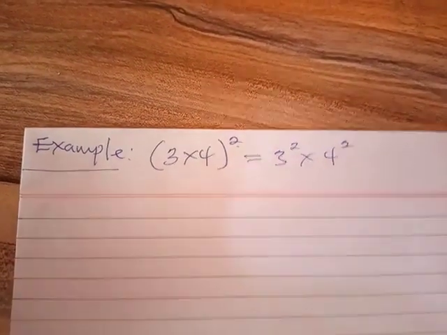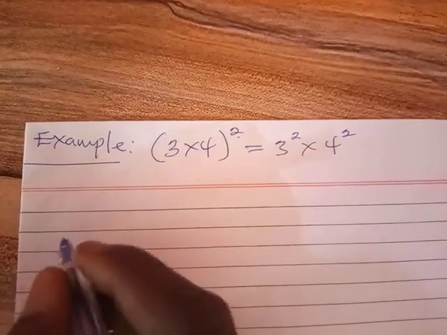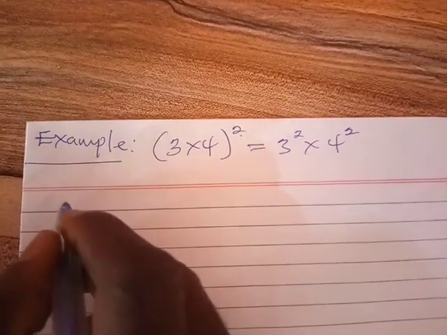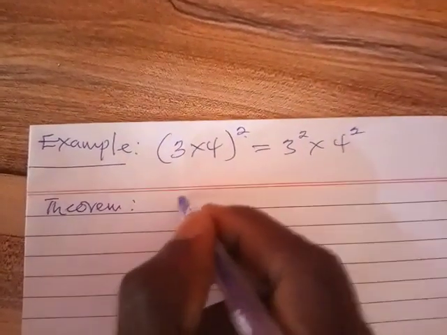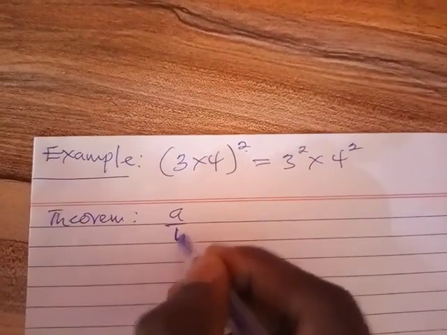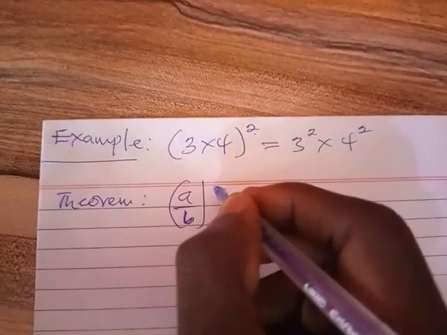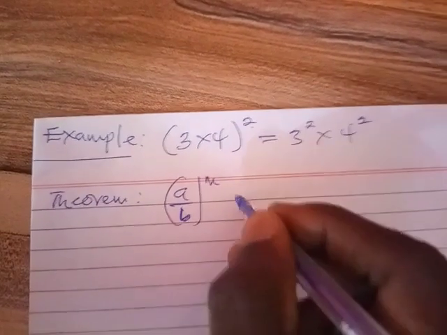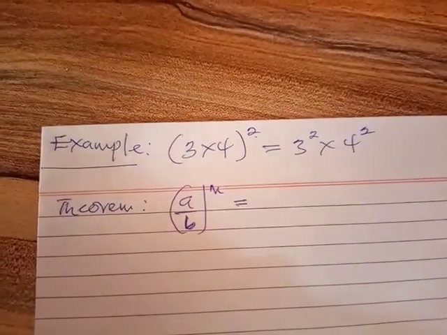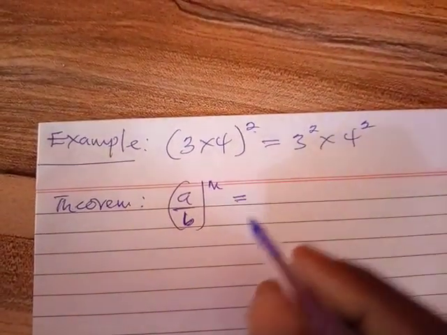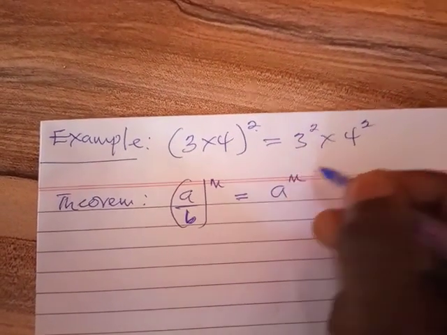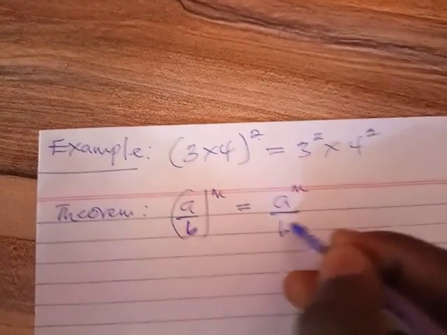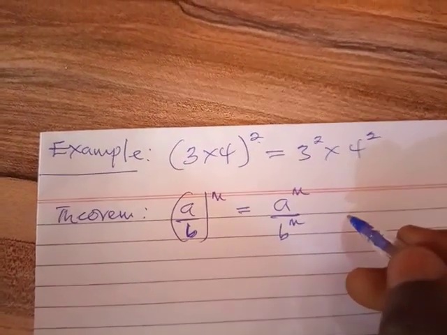Or let's look at this theorem too. If you have A on B all having an exponent of, let's say, m, this thing we see here means that A is being influenced by the exponent m and B is also influenced by the exponent m.